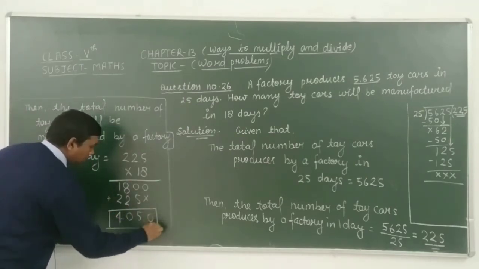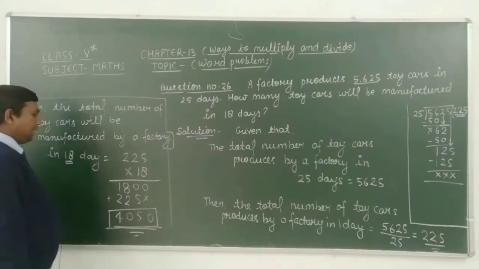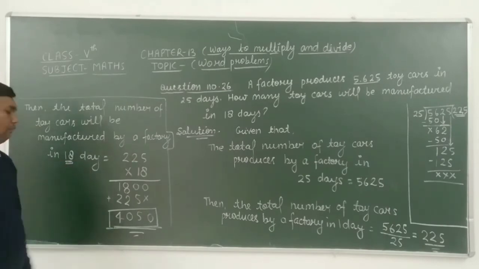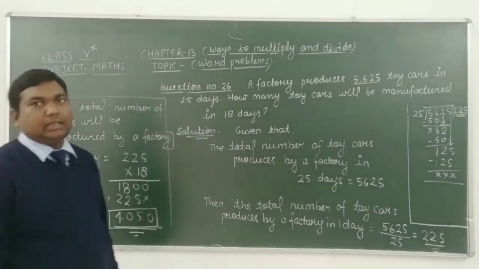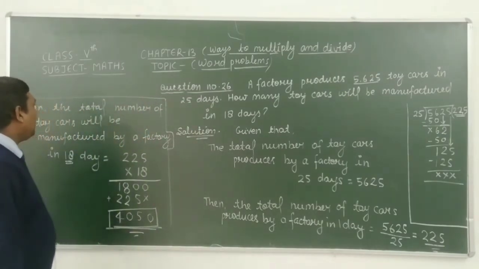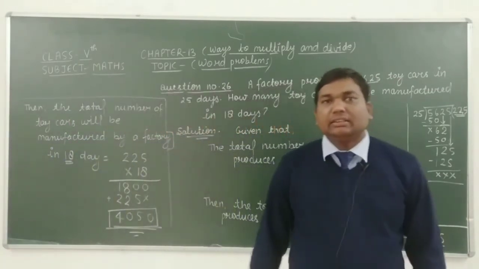Here we get 4050 toy cars. It means that the total number of toy cars that will be manufactured by a factory in 18 days is 4050. Okay, dear students, it means that 4050 toy cars will be manufactured by a factory in 18 days.